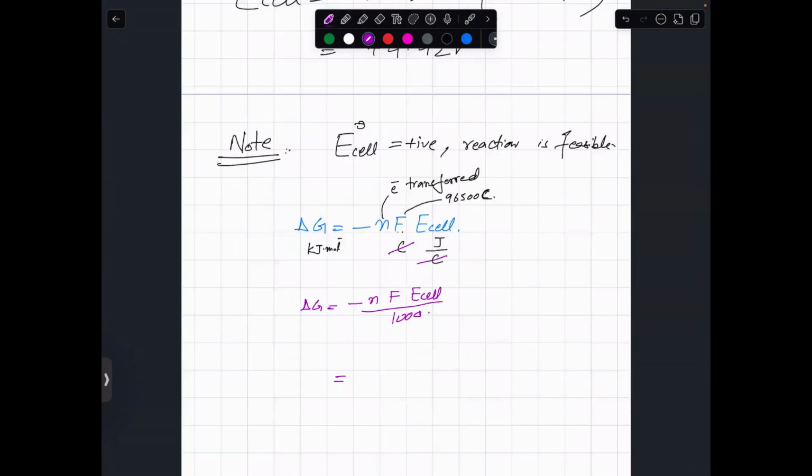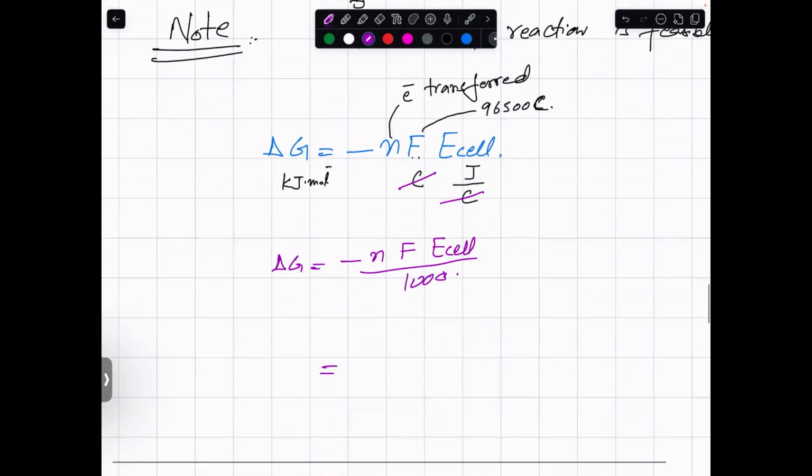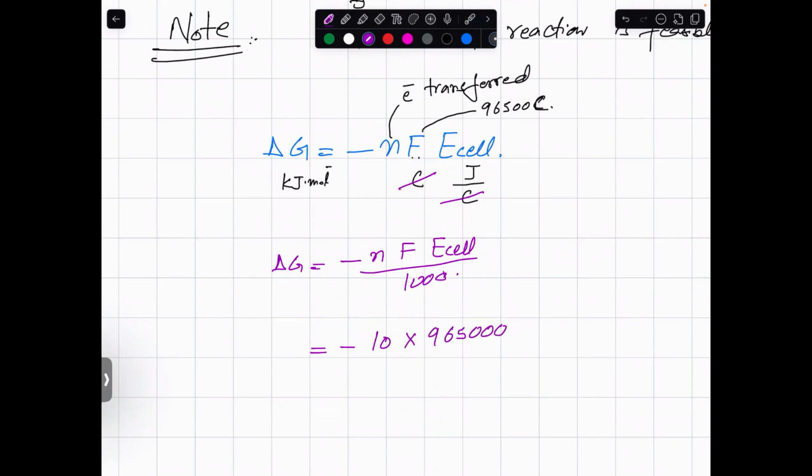So you calculate minus 10 into 96500 coulomb into 4.42 divided by 1000. Your answer is automatically negative.